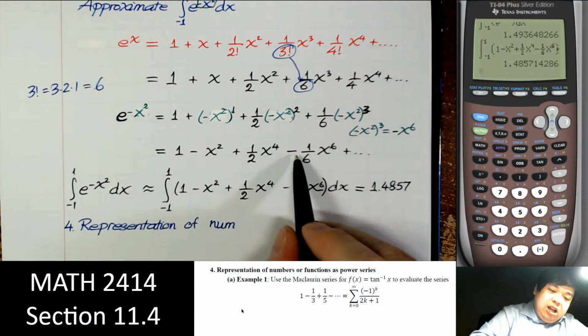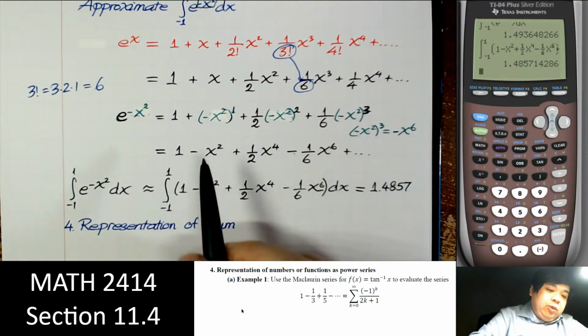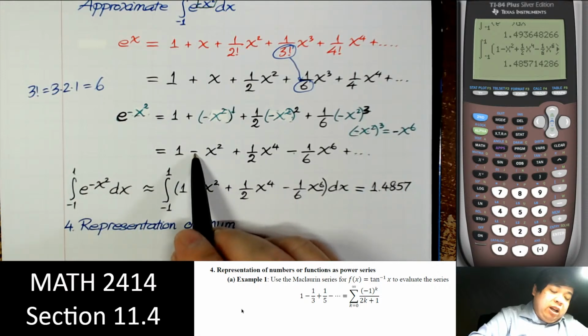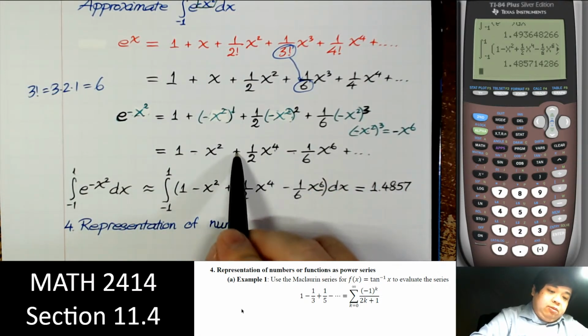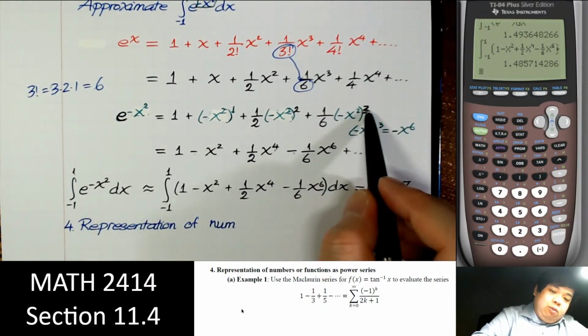So that's why it's negative. Yeah, so if it is raised to an odd power, it will be negative. If it is raised to an even power, it will be positive, because even power is positive, odd power negative.